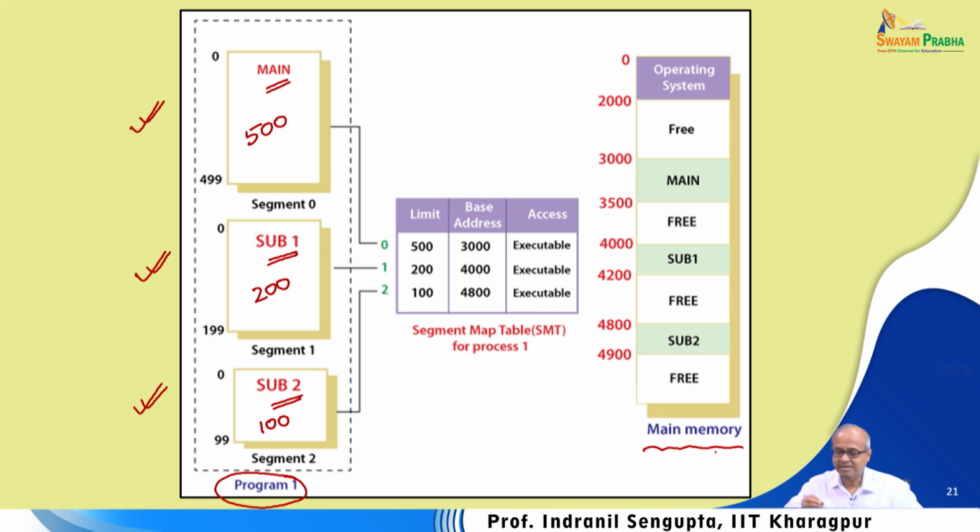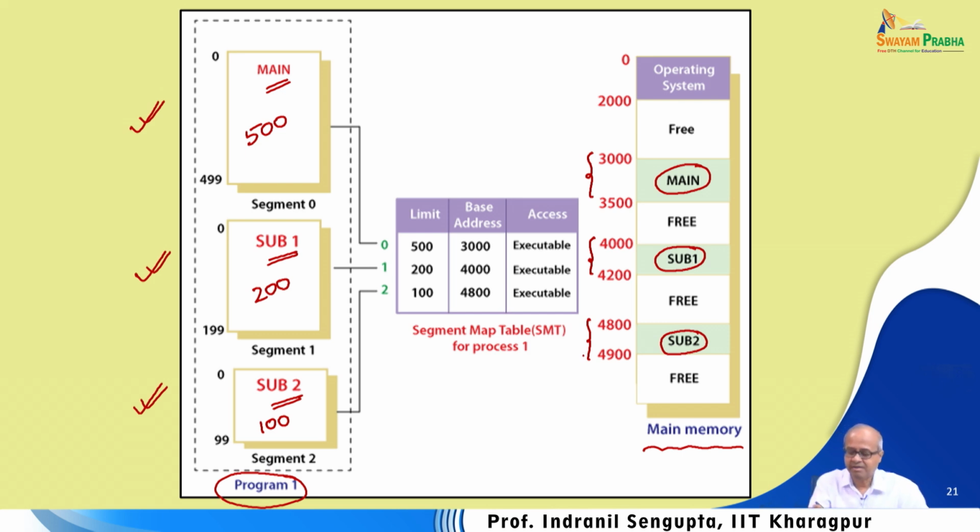So, you see that your main is loaded somewhere in memory, sub 1 is loaded somewhere in memory, and sub 2 is loaded somewhere in memory. If you look at the memory addresses, you will see that sufficient memory is allocated for 500 bytes, 200 bytes and 100 bytes.